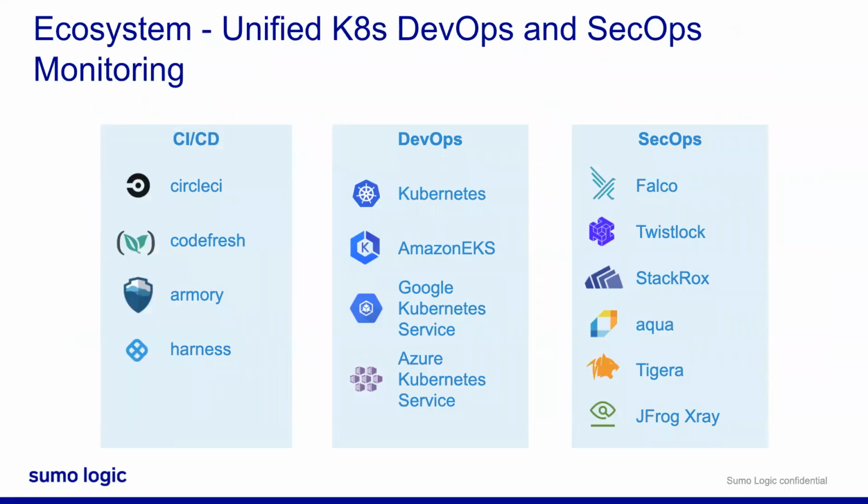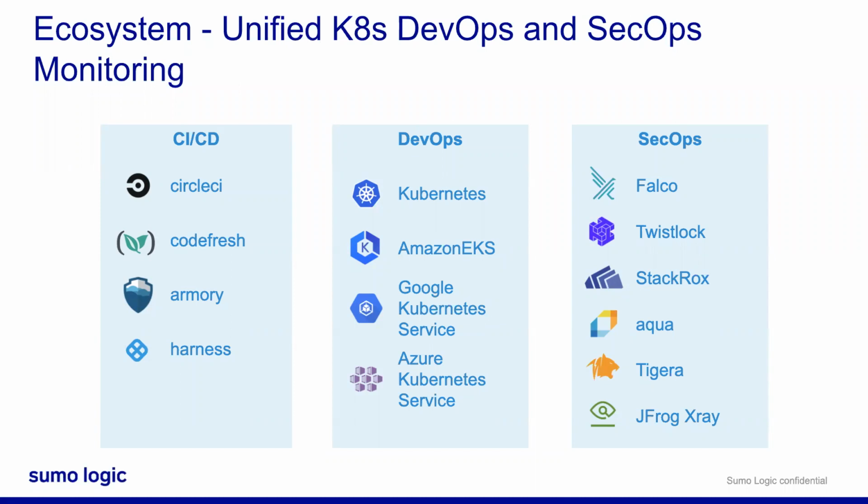This is something I'll jump back into and show you a little bit more, but we've actually got a really strong unified DevOps and SecOps ecosystem that we've been developing. It's not just the things that we've built, we've also got things being built by some of our partners.